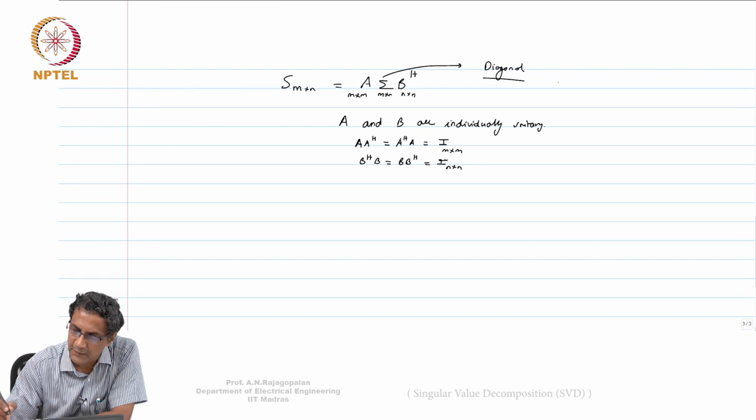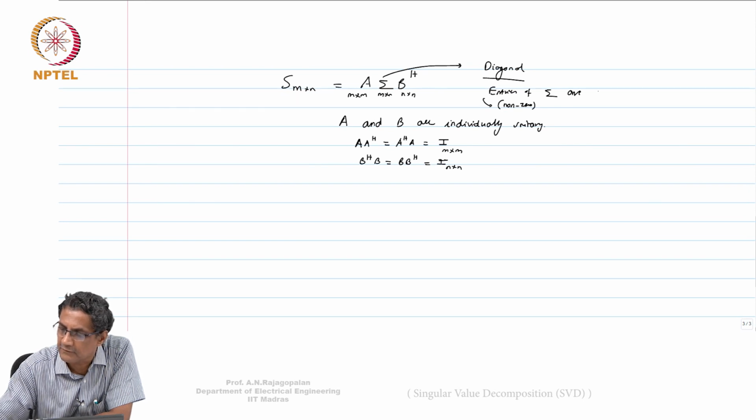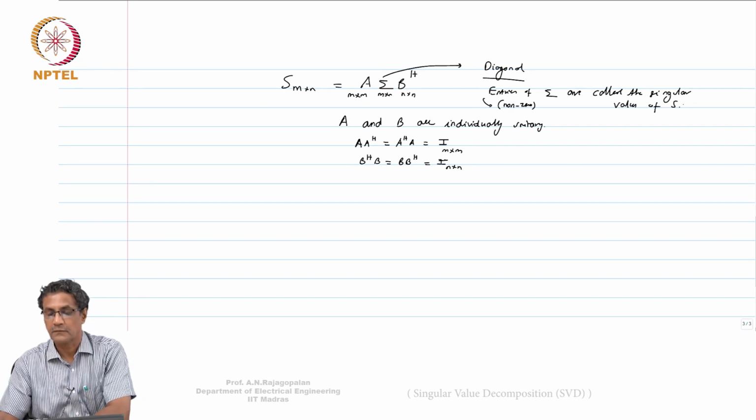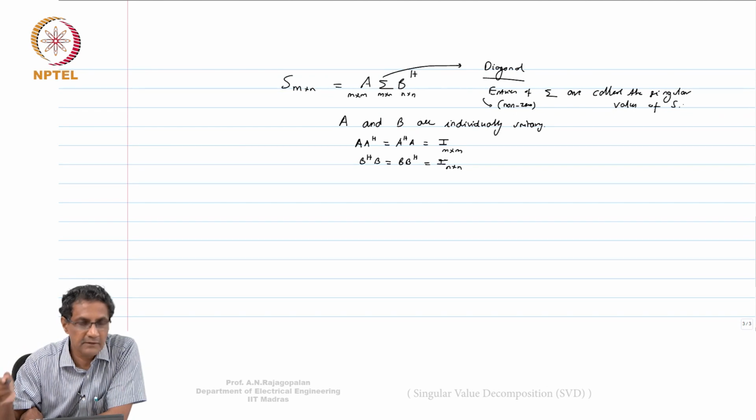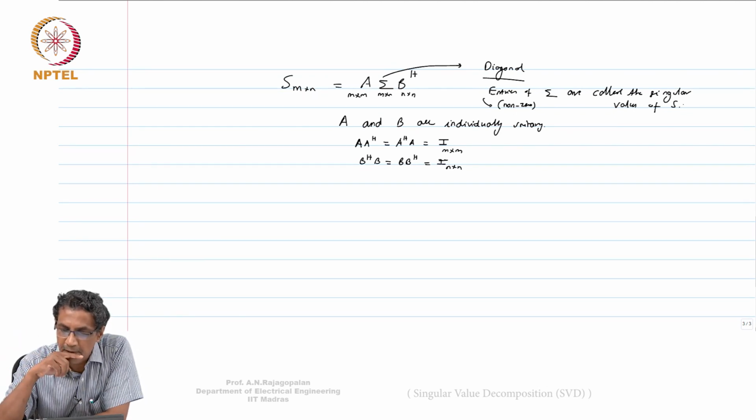The entries of sigma which are non-zero are called the singular values of S, which is why it is called a singular value decomposition.